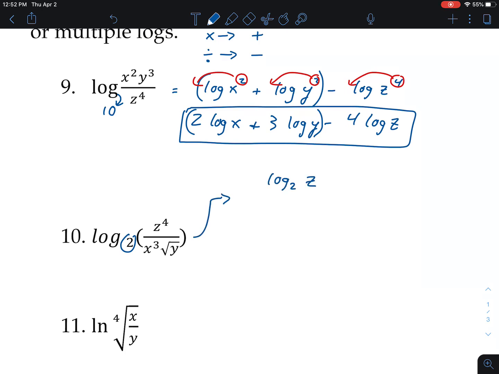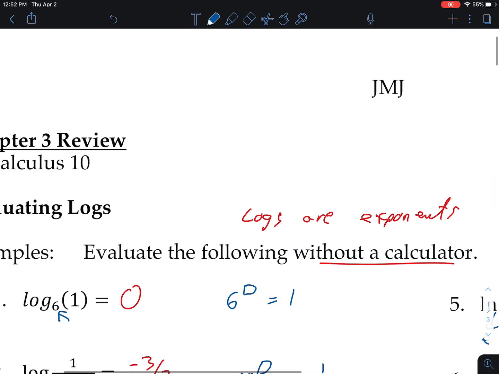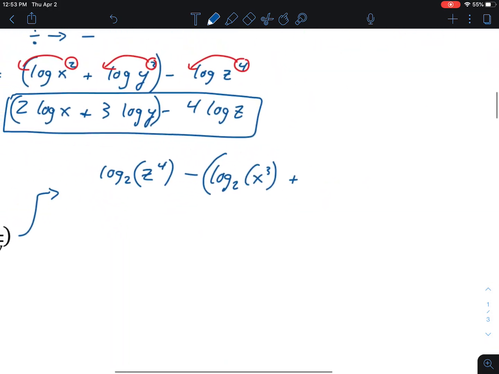Okay, then we have on top z to the 4th minus log base 2 x to the third. And then I'm going to go like this and just put a plus because these two are multiplying. So in parentheses, these two are multiplying. Oops, I apologize.